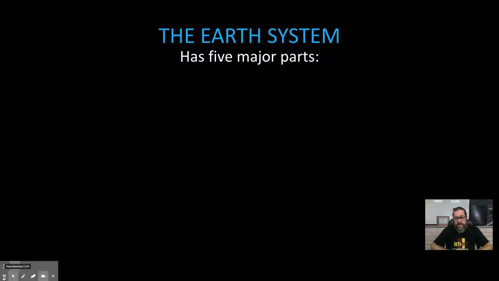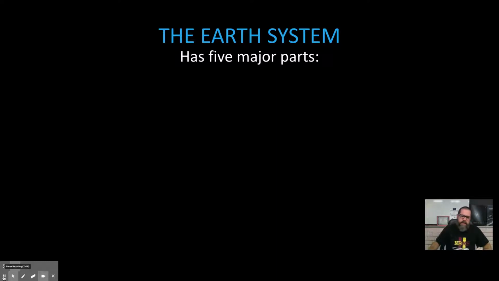It's a situation that we're seeing today with climate change. So part of what we do here in this science course is to try to get you to understand the interactions that these 5 systems have as they work together on this planet.